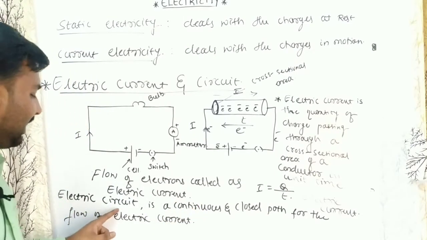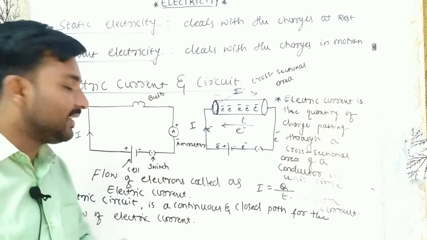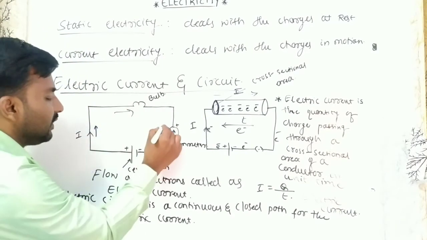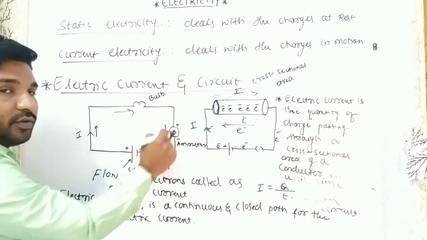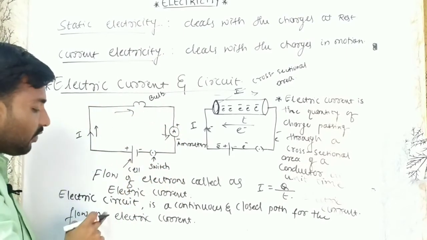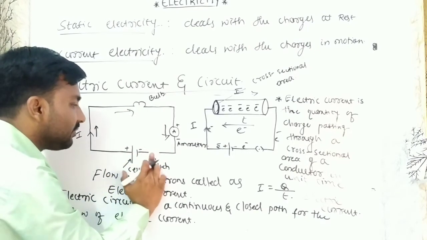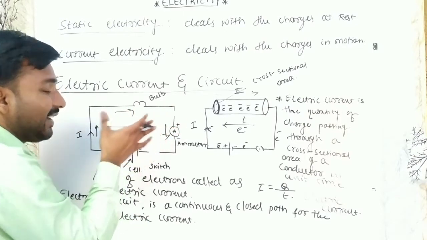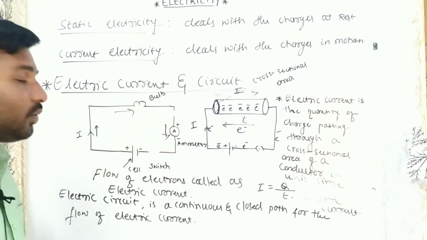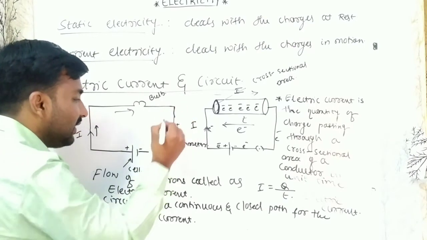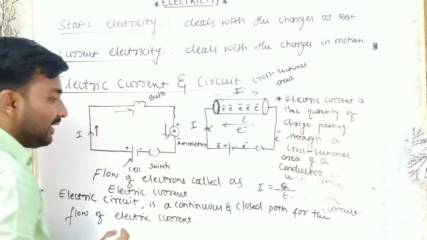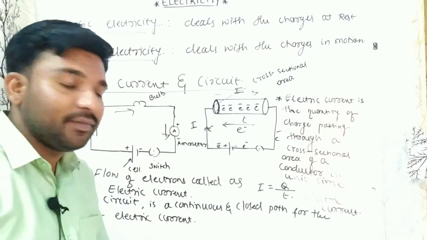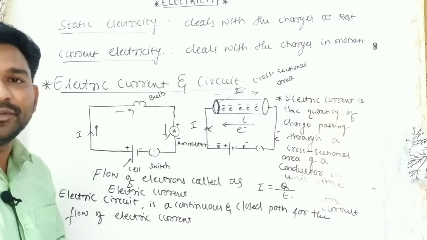It is called an electric circuit. Look here, it is a closed and continuous path for the flow of electric current. Now if I break this, if I cut the wire, the bulb does not glow. So when this path is closed, there is a continuous flow of charges, and we call that an electric circuit.